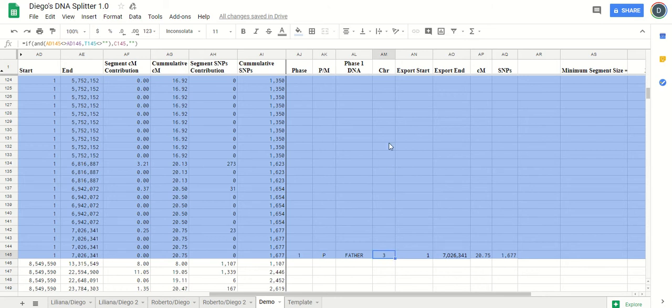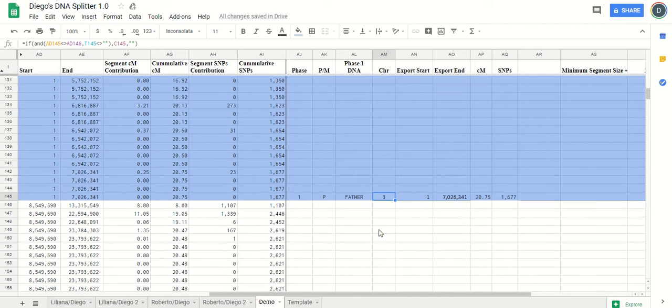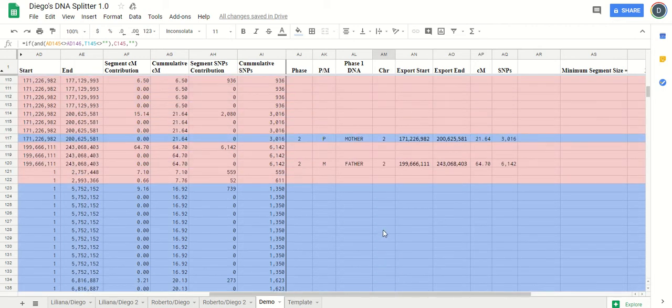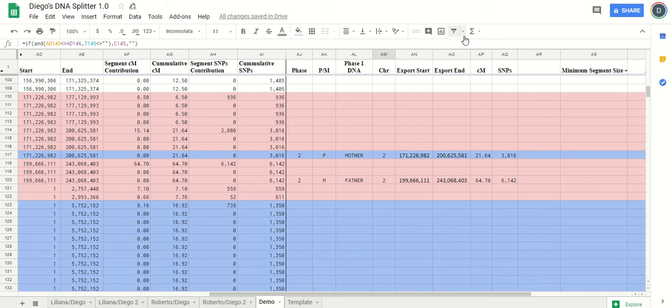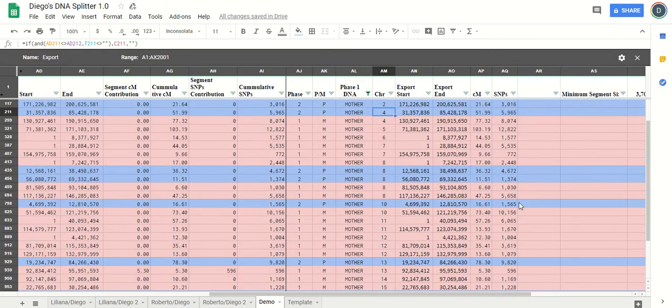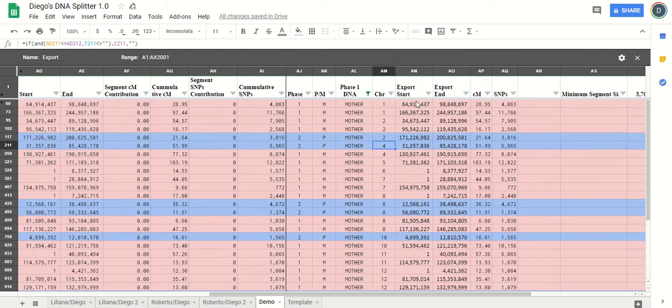As long as I have a number, then these are just copies of their respective values on the left hand side. And I believe that's pretty much it. So if I go back to the export view, that's how we get this nice representation where every little fragment has been accumulated into larger ones.